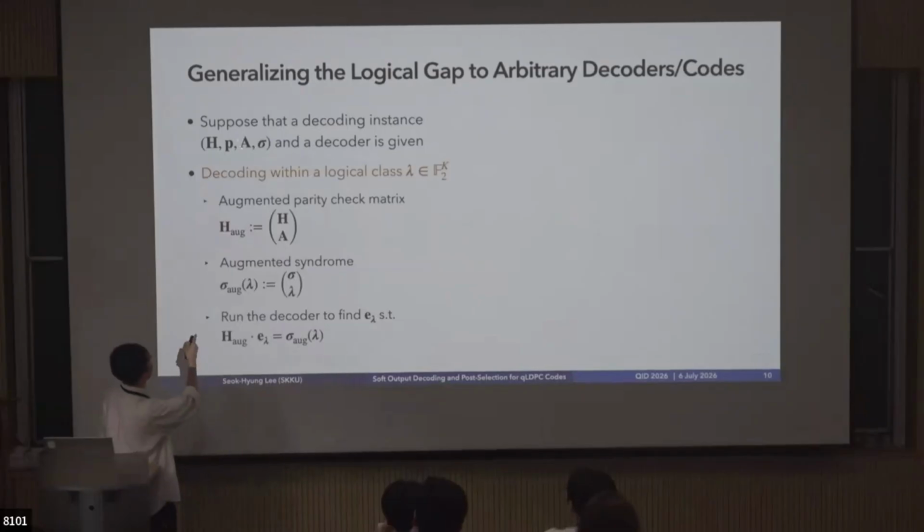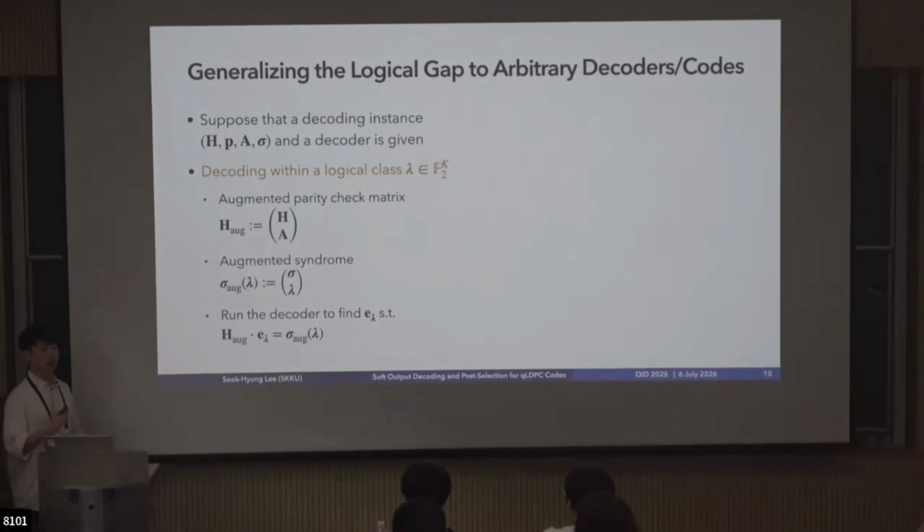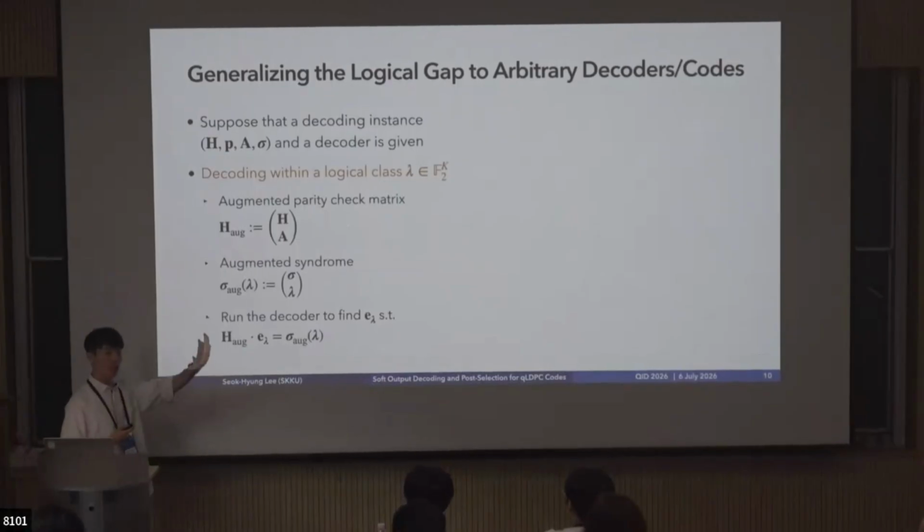Now let's again suppose that a decoding instance is given with an unknown fault configuration, and a decoder is also given. We want to use a certain decoder. Now let's define a term, decoding within a logical class, which means decoding by fixing a logical class. We have already done similar things for the surface code by adding a boundary vertex.